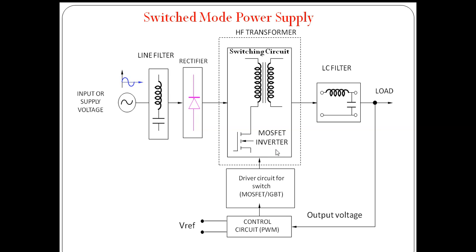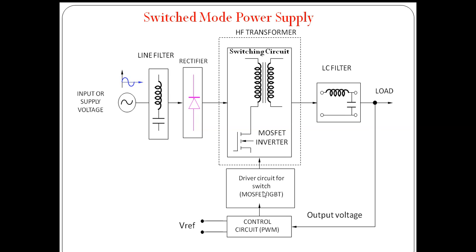The switching of the inverter will be from the driver circuit. Whenever the pulses are generated from the driver circuit, the MOSFET or IGBT devices in the inverter will operate, and it will convert into AC.